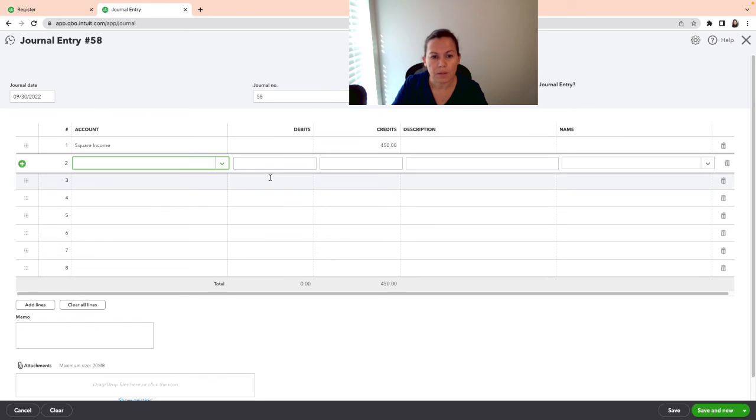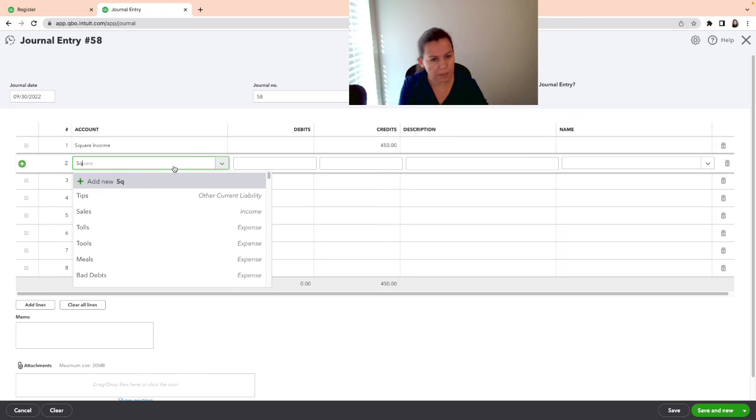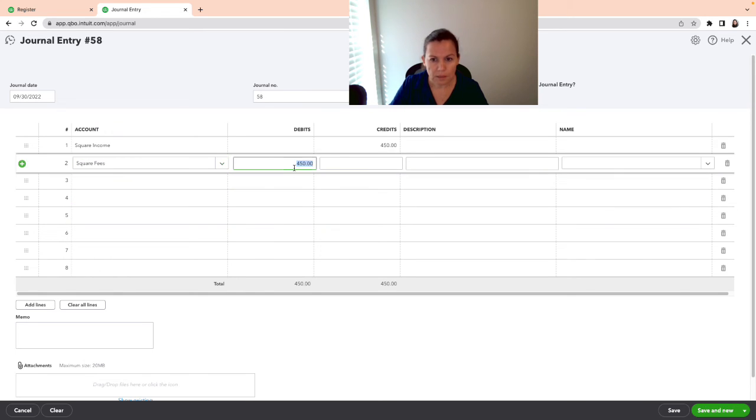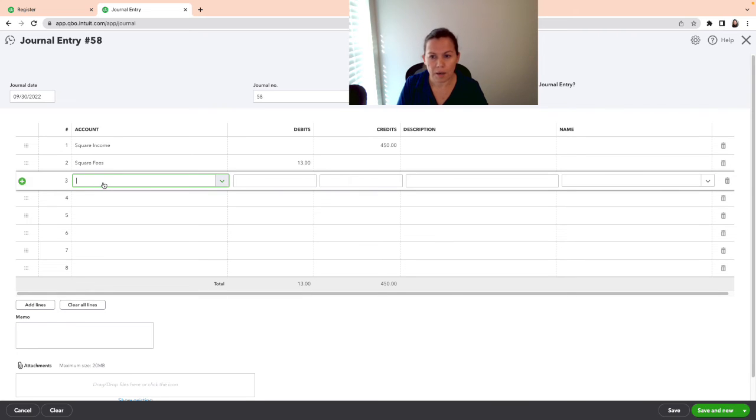The first thing we're gonna record here would be Square fees. It's gonna be a debit, so it's gonna take away from the money deposit. Let's suppose that Square fees was $13.